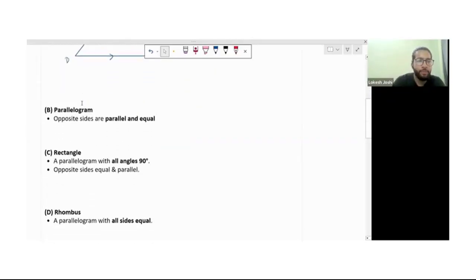Now the next one is parallelogram. In the word parallelogram itself, there is the word parallel. So in a parallelogram, opposite sides are parallel and equal.